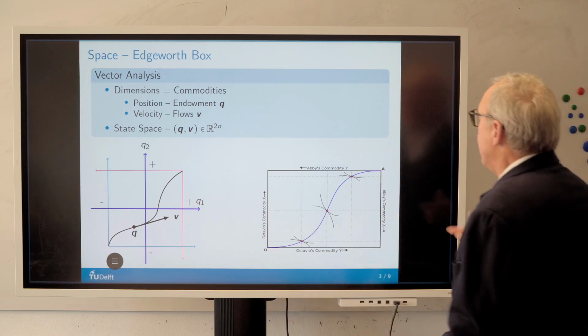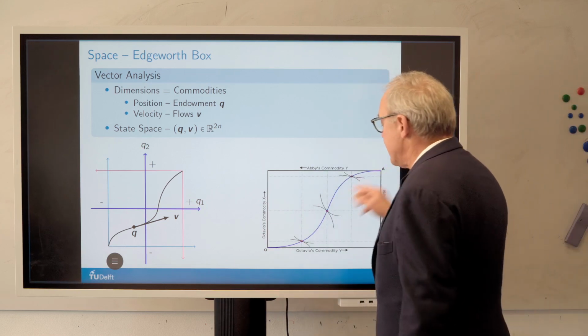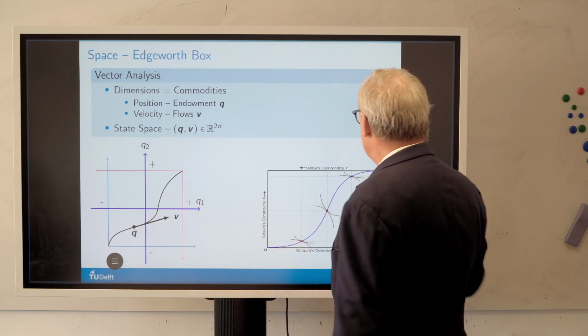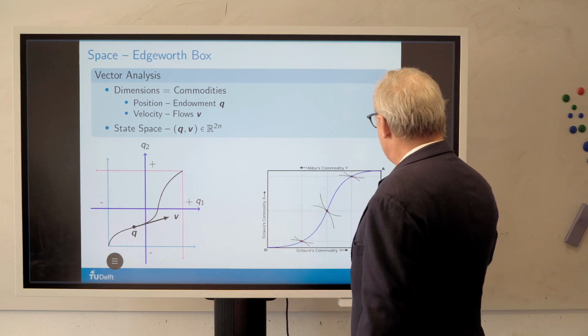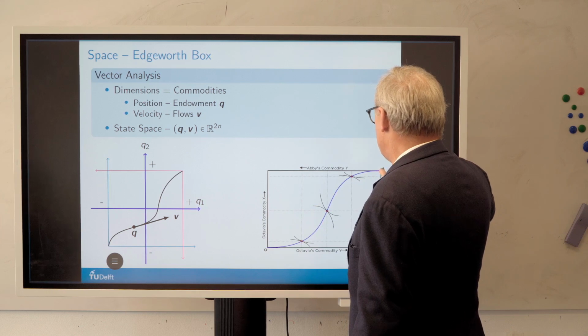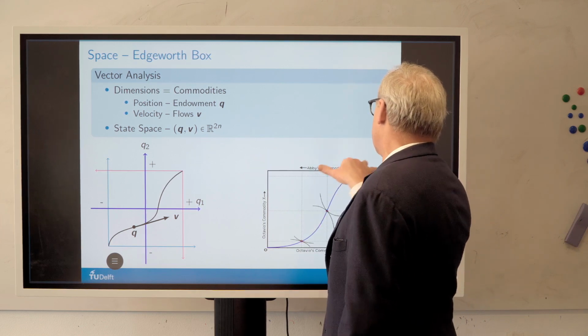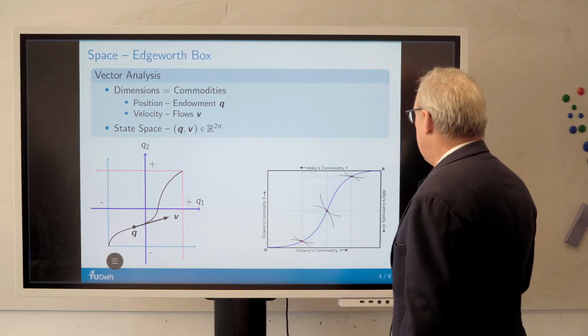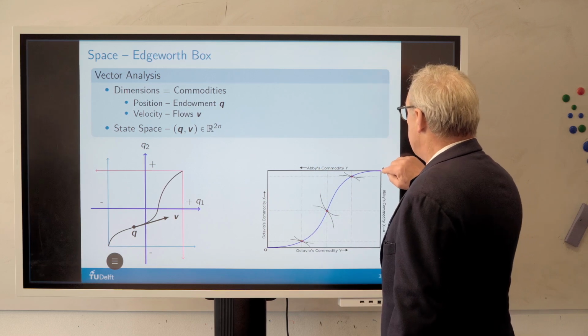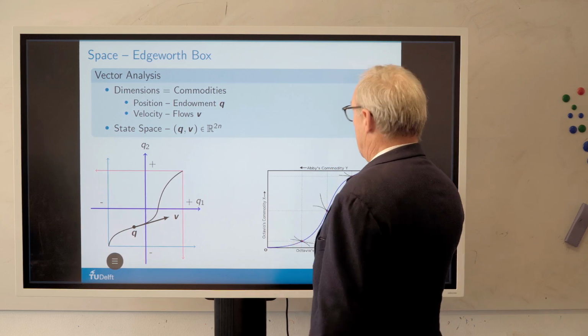And again, they don't like negative numbers, so they imagine two players, a party and a counterparty, and they have an endowment. So this is the total amount of the commodity X. This is the total amount of the commodity Y. And then in this case, Abby has none, and Octavia has all, and then the other way around.